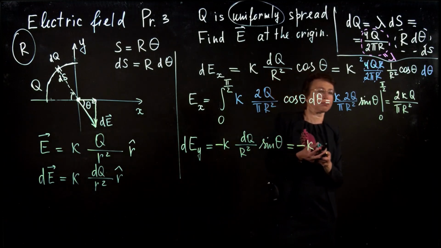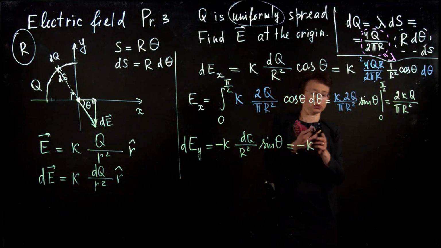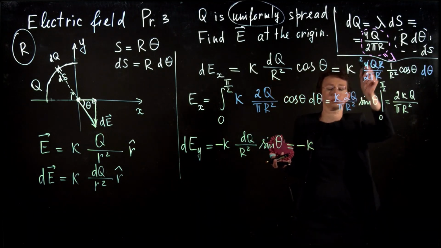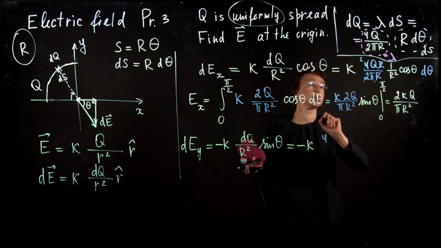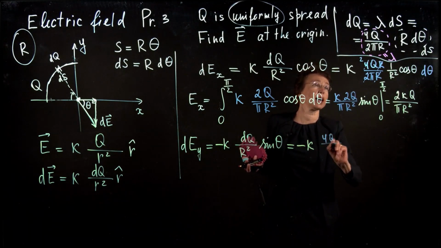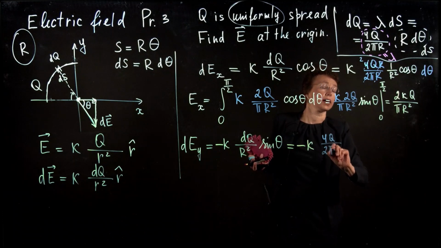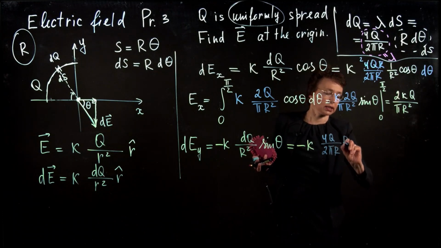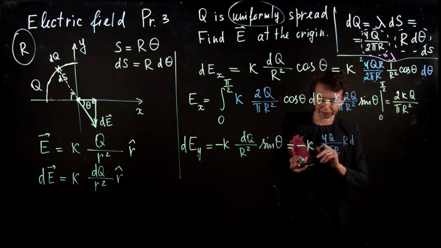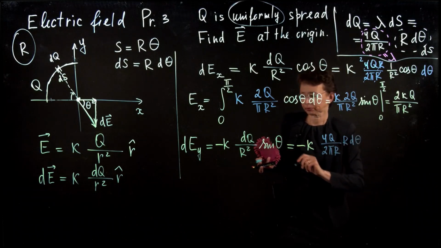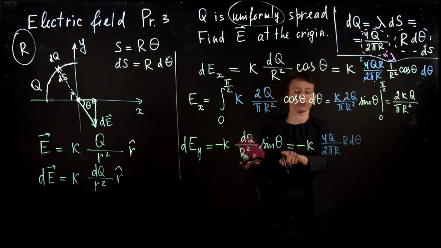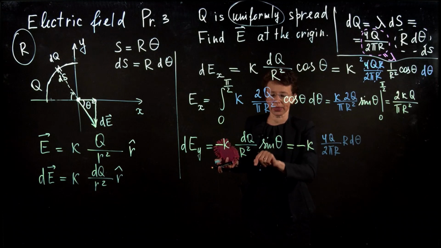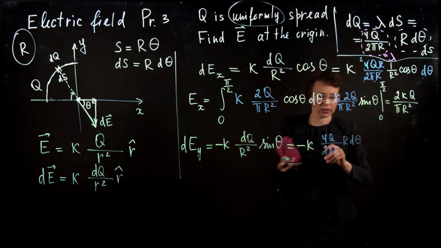Then dq. Which color did we use? Blue. Okay, let's use blue again for dq. 4q divided by 2 pi r, r d theta. This is dq. And then I have sine theta, which I just leave.